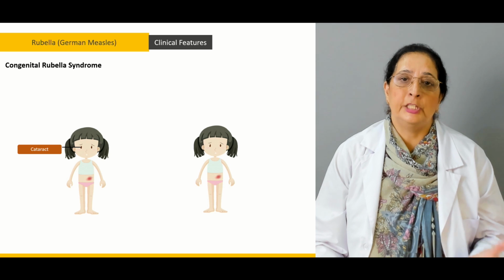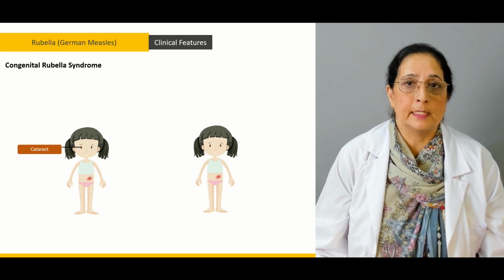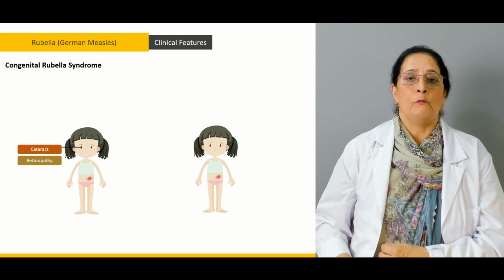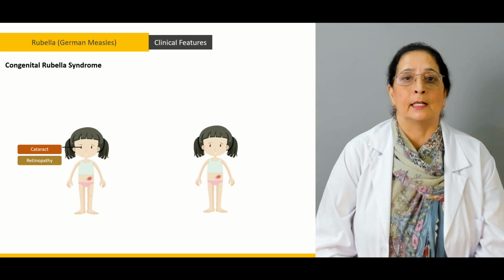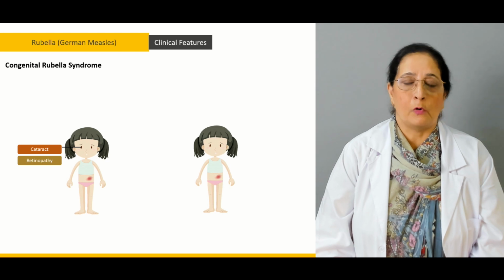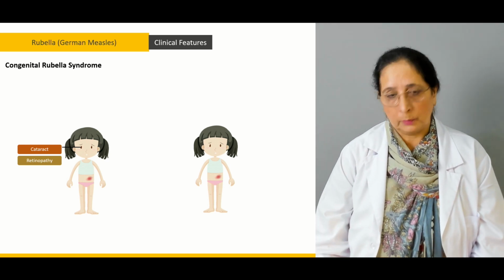But in congenital rubella syndrome, cataract is present in the babies. Then there is involvement of the retina, which is the innermost layer of the eye, where the image is formed.